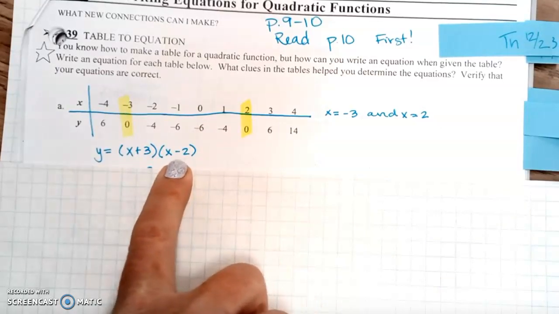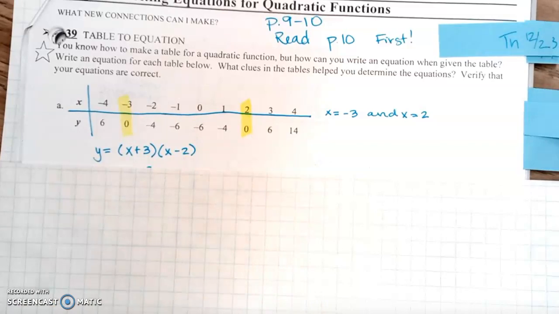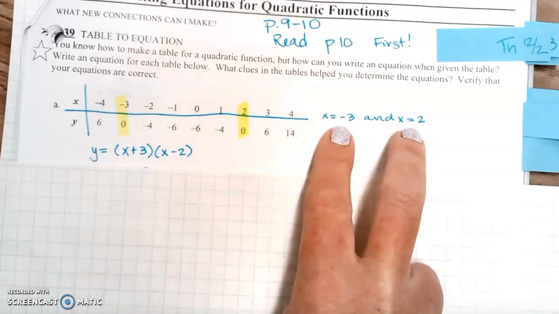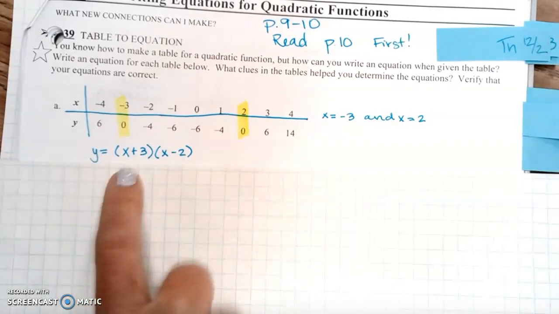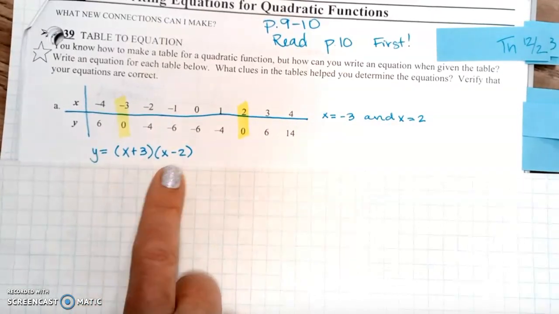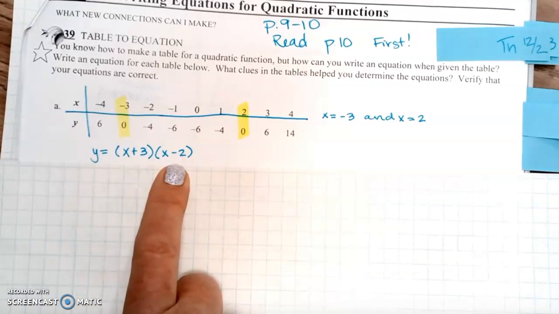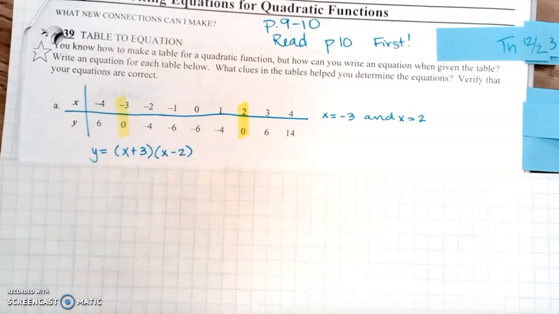This is the reverse of the zero product property. We have to figure out the opposite of these numbers and make them into our binomials. So if we have the factors x plus 3 and x minus 2, we can take those two binomials and get our trinomial from them.